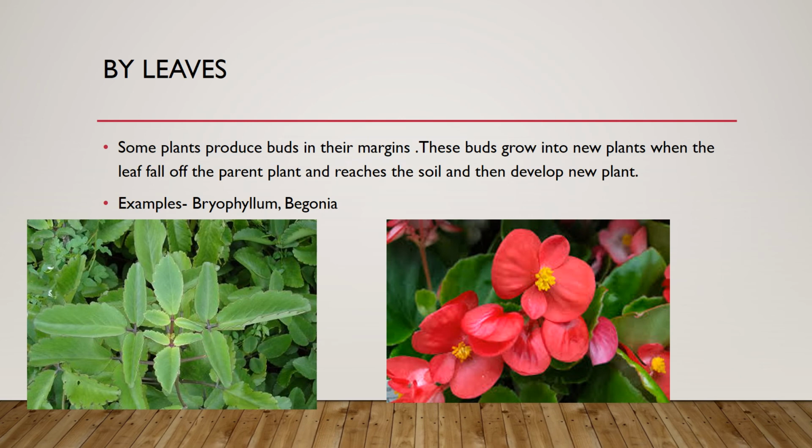Next is by leaves. Some plants produce buds in their margins. These buds grow into a new plant when the leaf falls off the parent plant and reaches the soil.